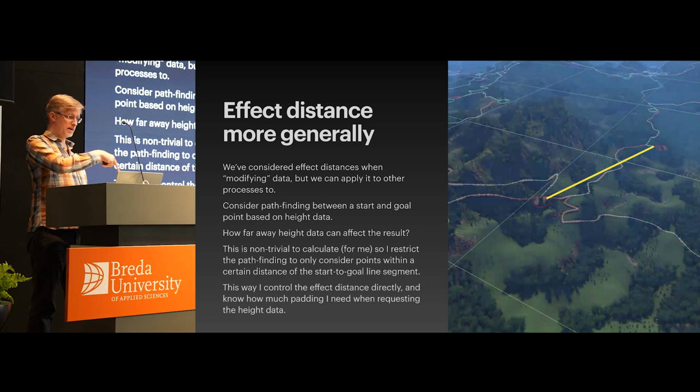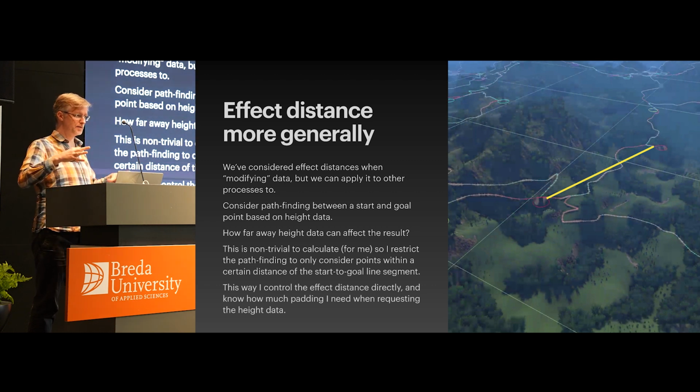But instead, I just restrict the pathfinding algorithm to only consider points within a certain distance from the line segment between the start and the goal point of the pathfinding. And so I just define my own effect distance, and then I know I only need to request the height data with enough padding to allow for that distance from the line segment.